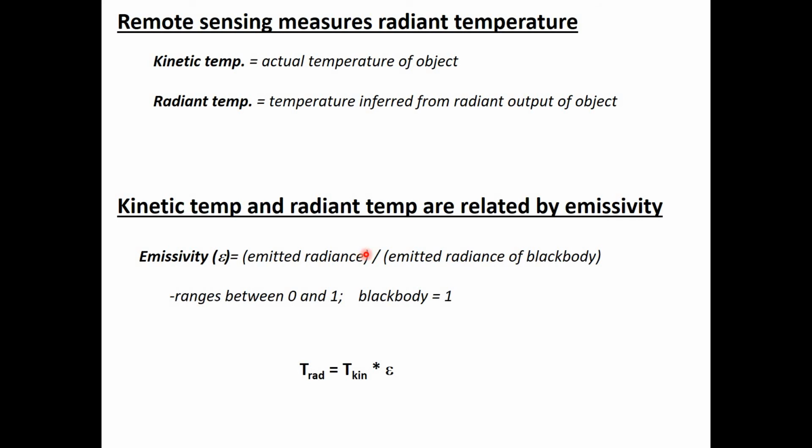The emissivity is the ratio of the radiance it's actually emitting divided by the radiance that would have been emitted by a black body at that same temperature. You get the idea. So emissivity is a fraction, ranging between 0 and 1. And for a black body, by definition, the emissivity is always 1, right? And here's that described mathematically. That'll come back in the next video, so you may want to write that down.